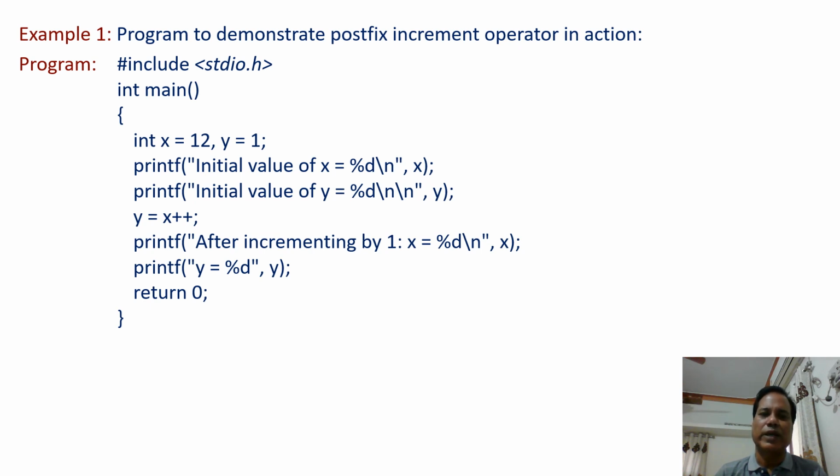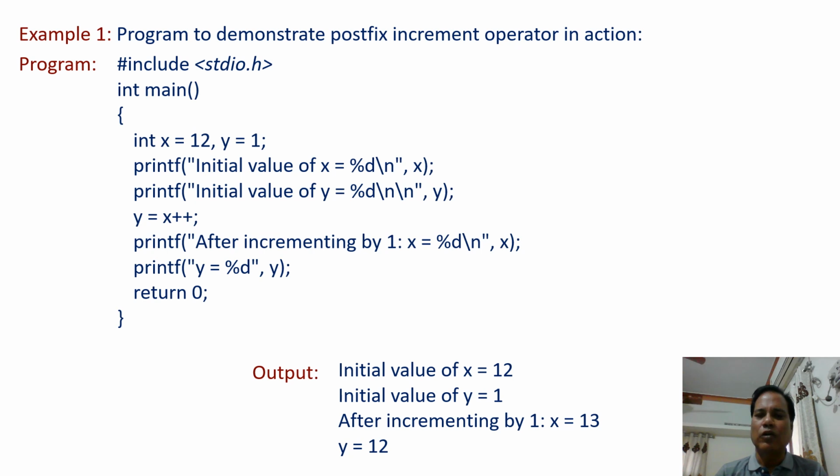Naturally the value of y is going to be 12. So when this program is run, the output would be like this one. Initial value of x is equal to 12, initial value of y equal to 1. After incrementing by 1, x becomes 13 and y remains equal to 12.